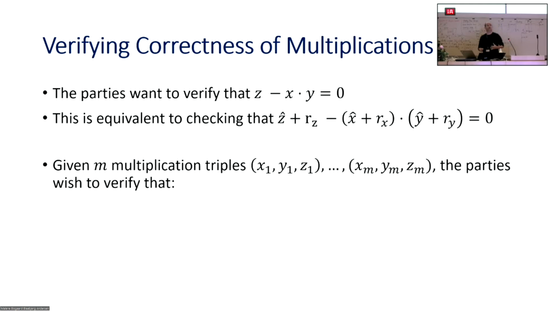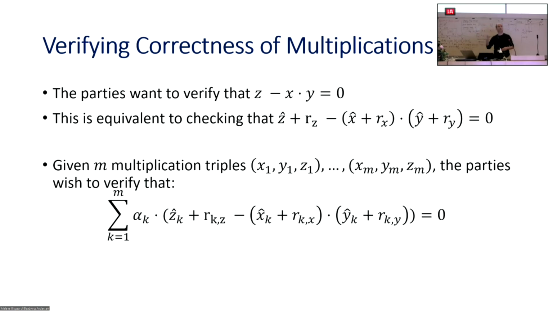And of course, the parties want to verify all multiplications in one shot. So what they want to check is that taking the random linear combination of all the equations for each multiplication gate equals 0. This is the equation that the parties want to verify.